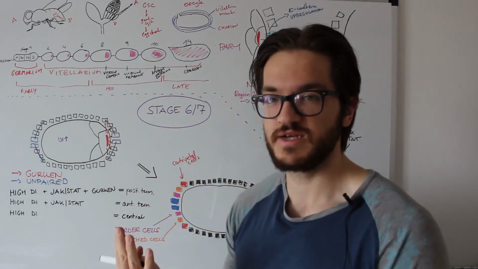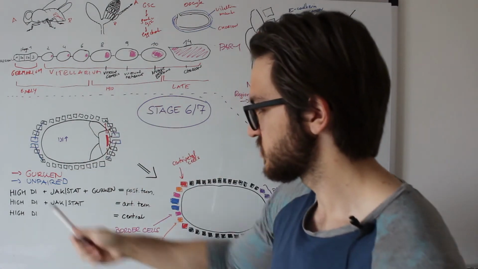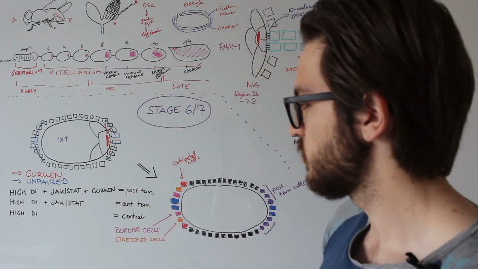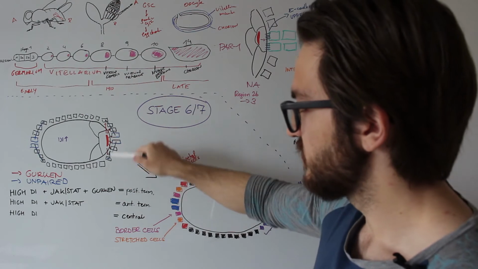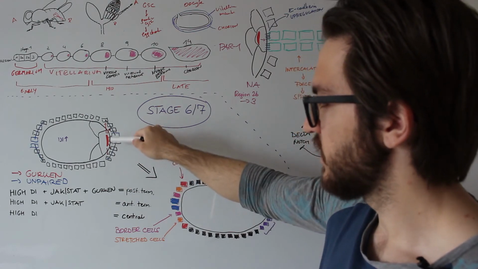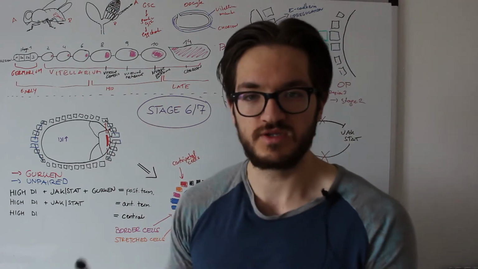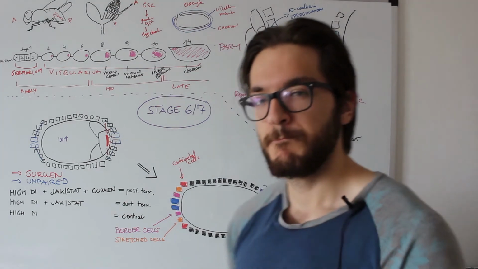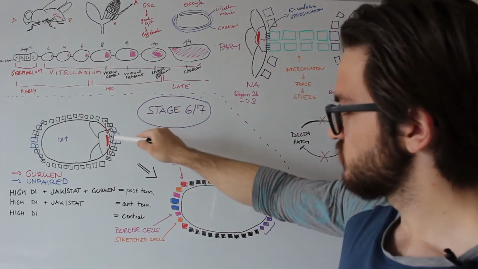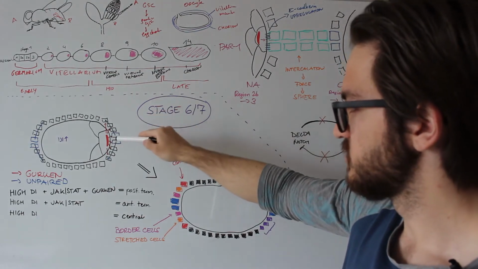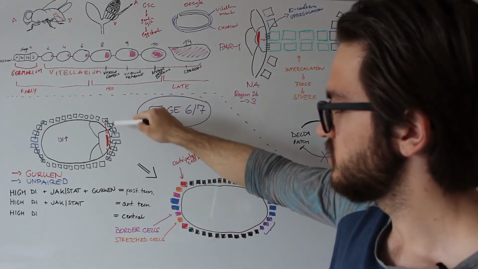And now a third signal next to delta notch and JAK-STAT plays a role, and that is Gurken, or TGF-alpha. TGF-alpha is located here at the posterior end of the oocyte. We know through posterior enrichment that we already know in region 3. And this Gurken signal, or TGF-alpha signal, is only here at the posterior end.